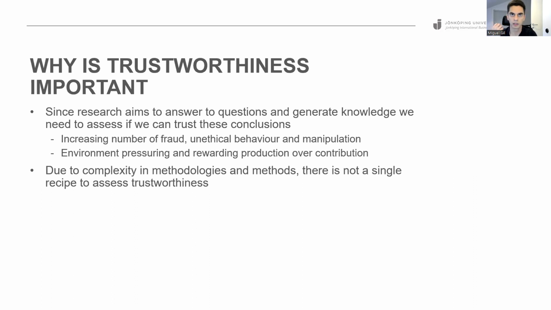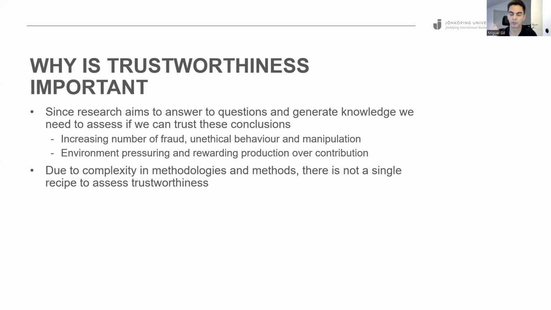So it seems like the context is also kind of giving more importance to trustworthiness, because it's getting much more difficult to decide if we should trust this study or not. And that's the perspective from the person who is reading the research.